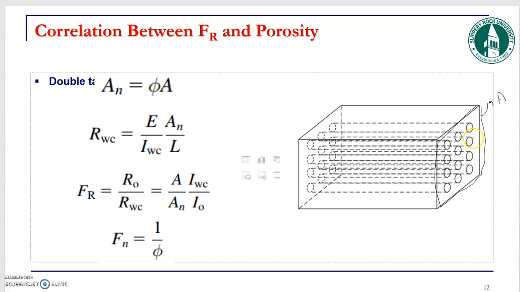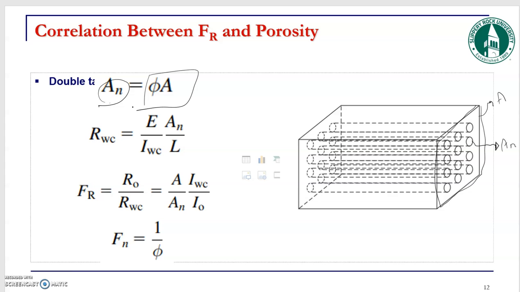So this is A, and each of these tubes has a cross-sectional area An, and then you have N number of these tubes within your rock. So you can say that the area of these tubes is porosity multiplied by cross-sectional area.